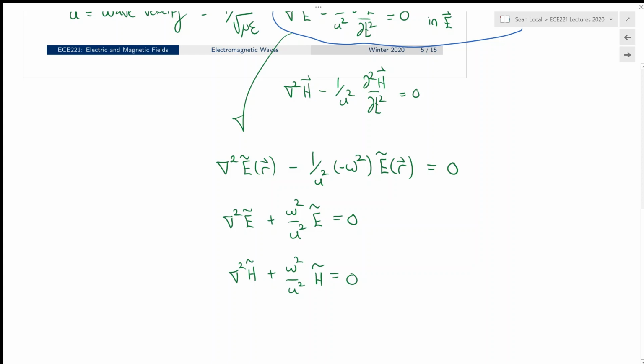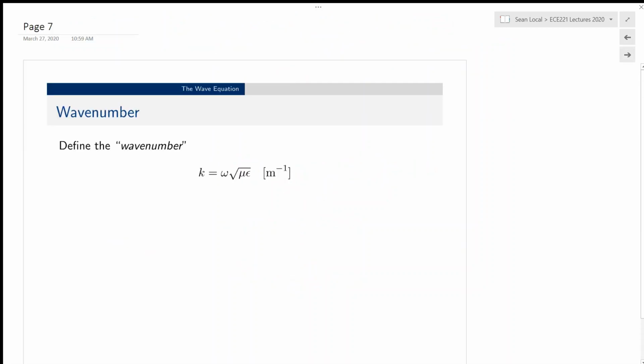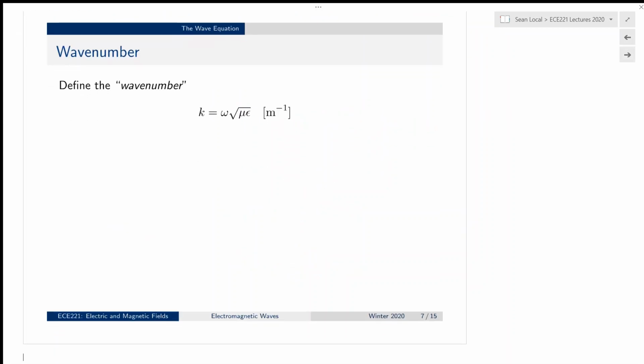Okay, so the second term has this omega squared over u squared term. U is the wave velocity. And now we're going to define a new quantity, which is known as wave number. So wave number is defined with a symbol k, and is equal to omega times the square root of mu epsilon.